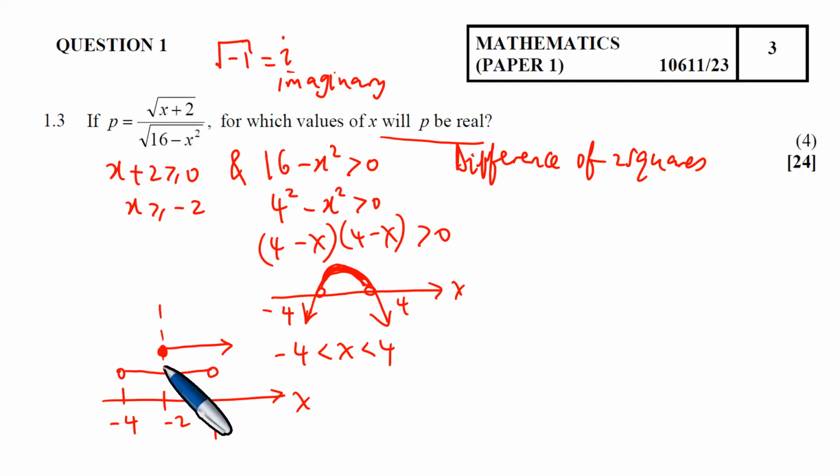So they will overlap between here and there. And the final answer, therefore, is that you have -2 and 4. The x lies between those two, equal to -2 there, and x less than 4, and therefore that is the answer to the question.